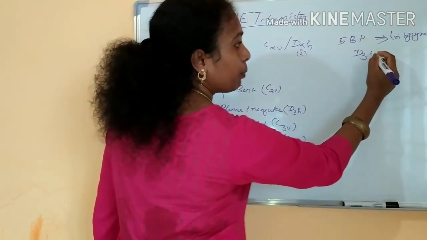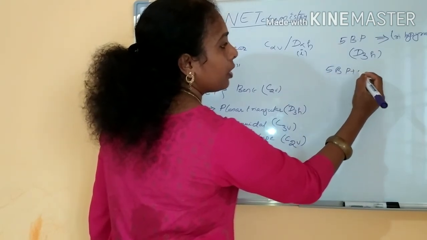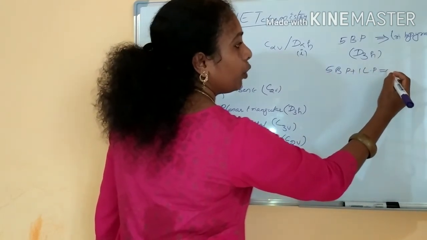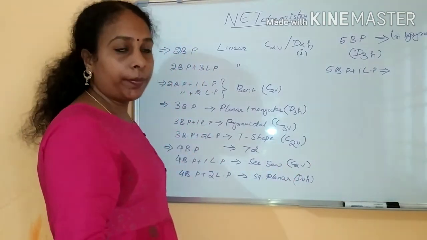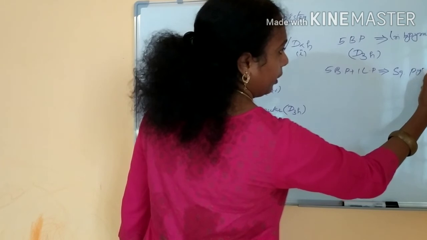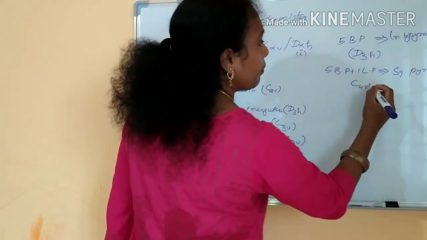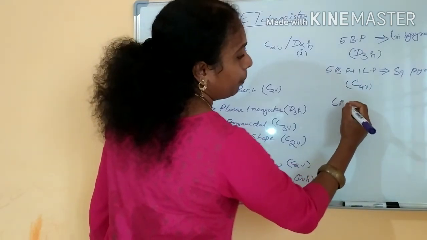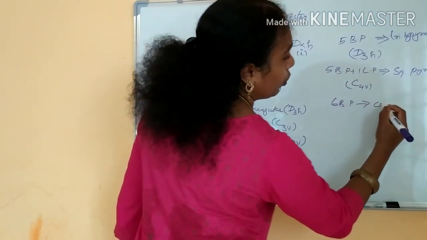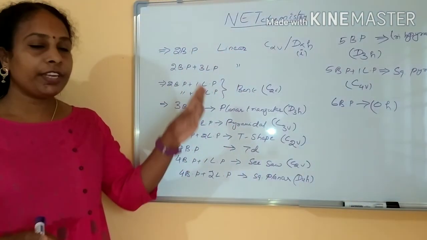Again this belongs to the point group D3H. 5 bond pair plus 1 lone pair, the molecule will be square pyramidal, not planar, square pyramidal. Belongs to the point group C4V. That's all. 6 bond pair alone present, the molecule will be octahedral. Okay, clear. That's only VSEPR theory.